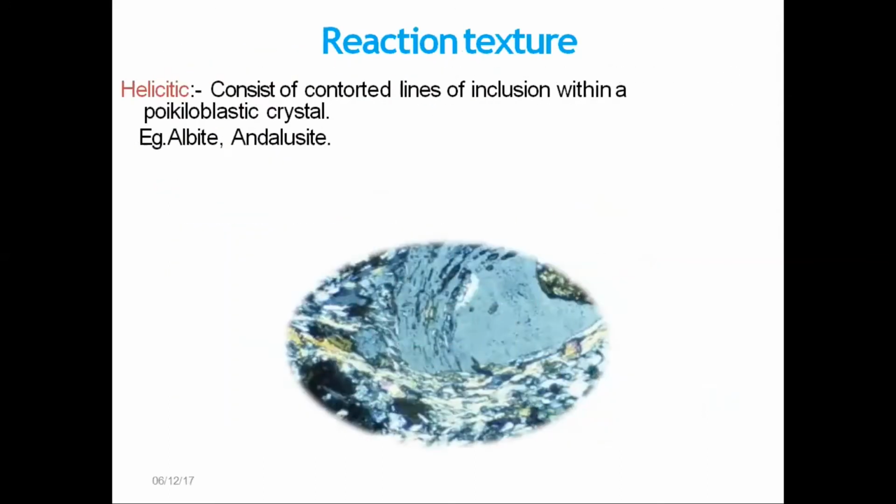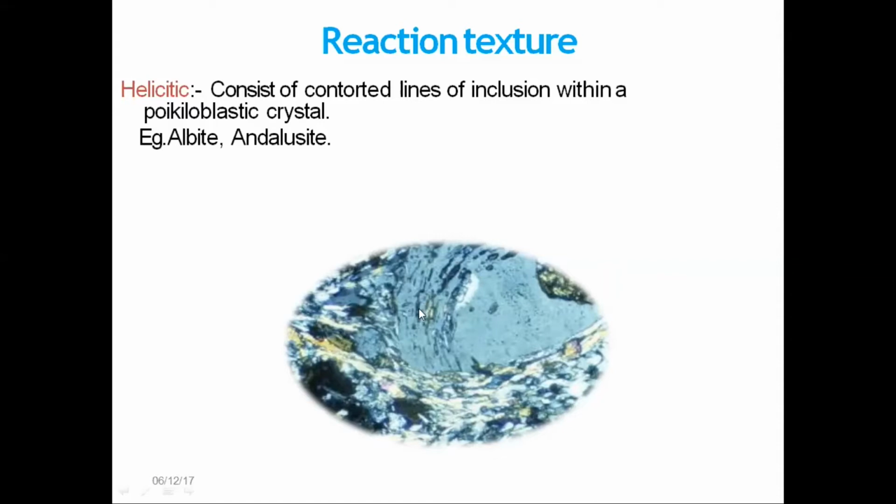Reaction texture: sometimes when we have the formation of new metamorphic textures at the margins of some minerals, there is sometimes a reaction, or sometimes the crystals react as a result of partial melting. And we have the growth of contorted lines on this mineral, that is actually a brachio-blastic texture.